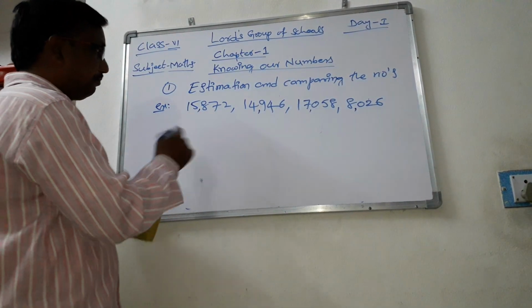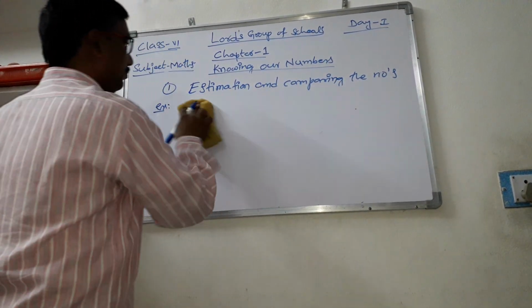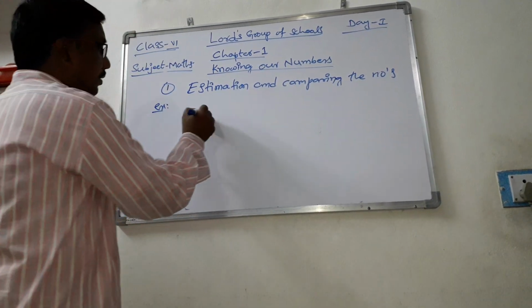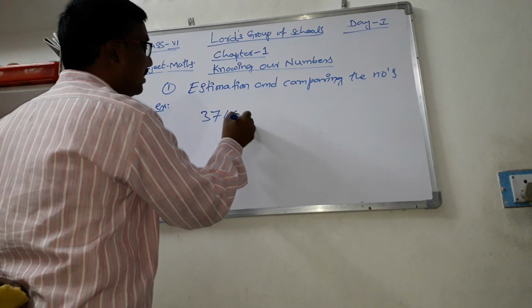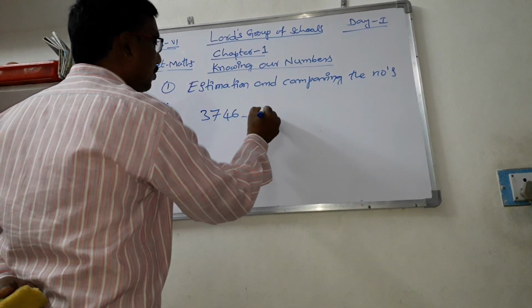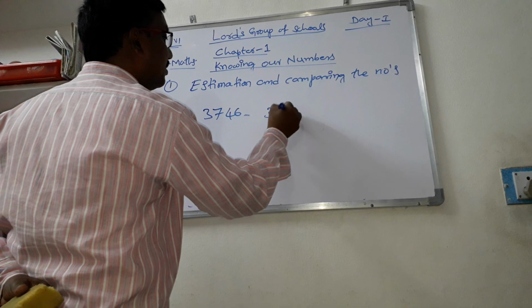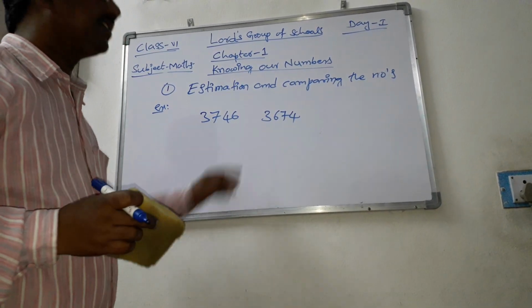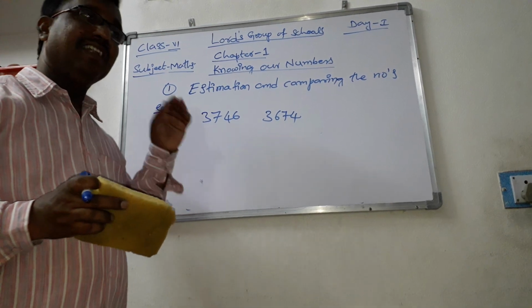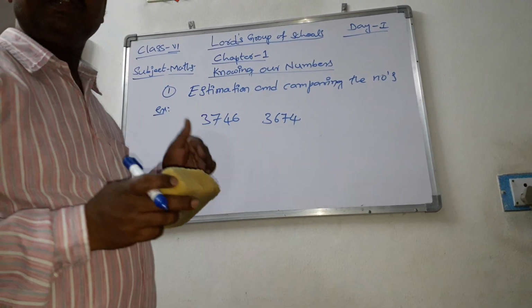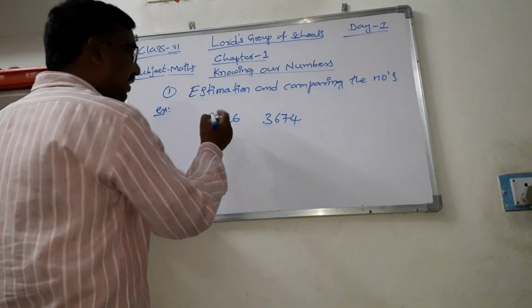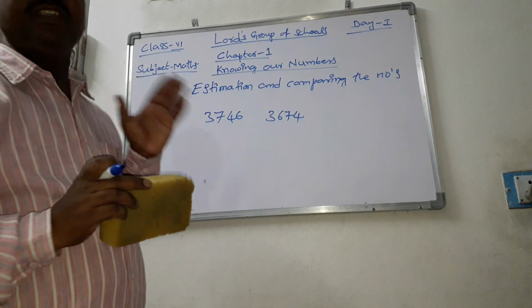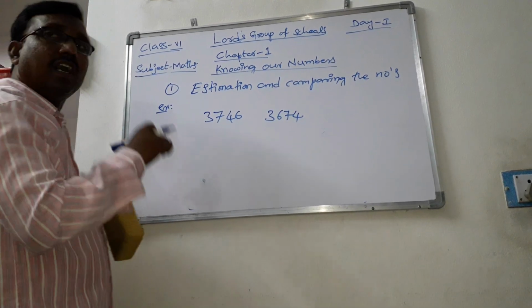For example, 3746 and 3674. We have been given two numbers. Now we have to compare these two numbers and put the appropriate symbol, less than or greater than, in between them. Here we have 3000, here also we have 3000. In the thousands place we have the same digits. Then we have to compare the hundreds place.